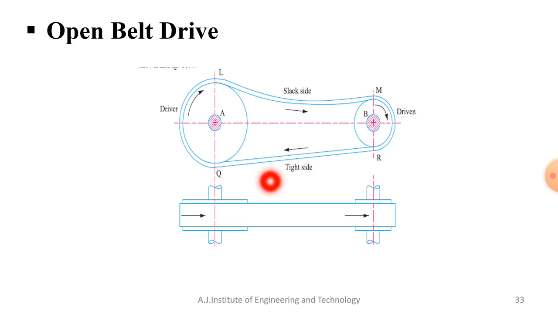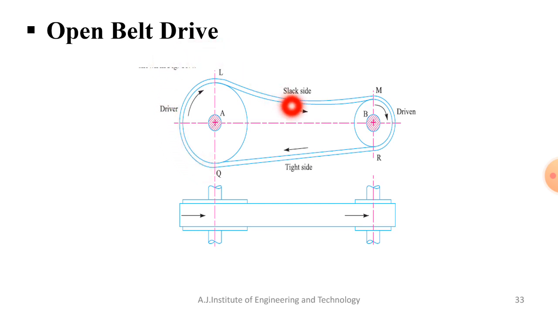If you use any belt drive, these two tensions will be there, slack side and tight side. Along with these tensions, some other tensions are also there, called initial tension, because before placing this belt over the pulleys, a certain amount of tension should be there. It should not be loose, otherwise you cannot get the proper grip. Such a tension we call initial tension.